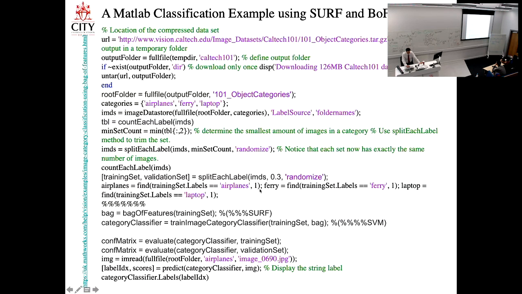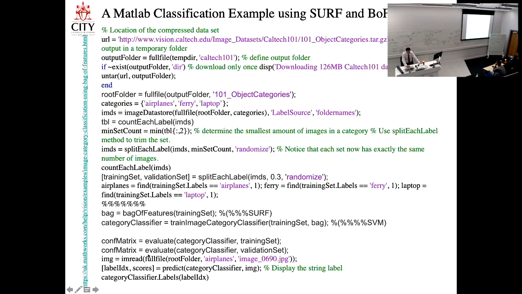I don't want to put too much pressure on you. So you can use bag of features and then category classifier. And MATLAB makes life so easy. It has conf matrix, evaluate category classifier, and training set. So it generates a confusion matrix. It tells you how well your model is doing on the training set and on the validation set.